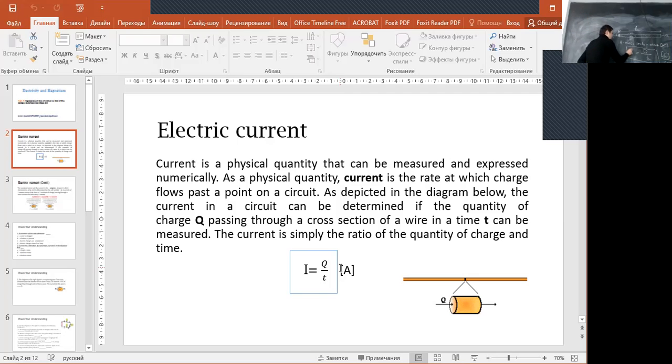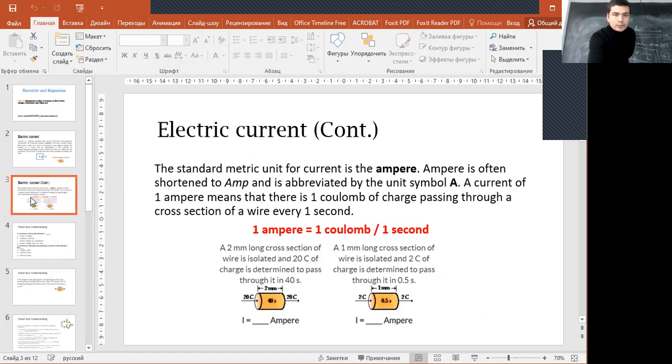It means that the current is equal to charge divided by time. The standard metric unit for current is amps. Here you can see some examples.